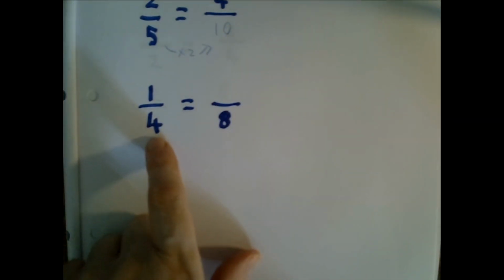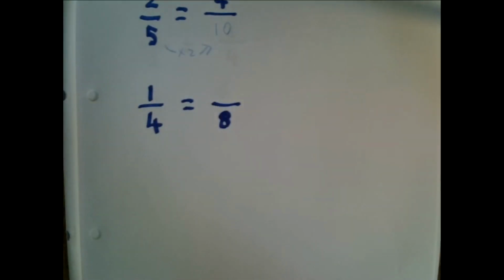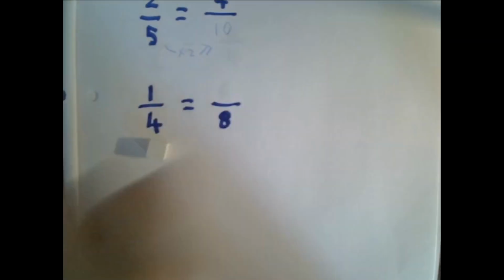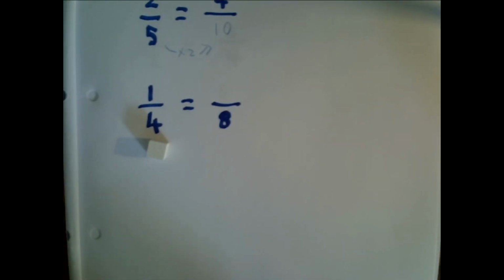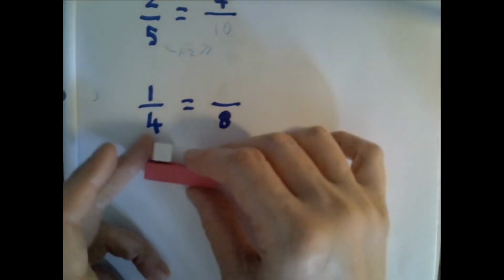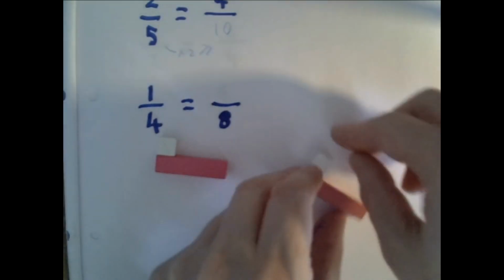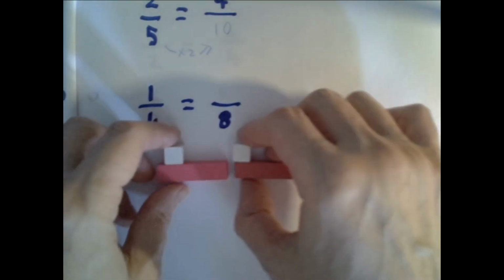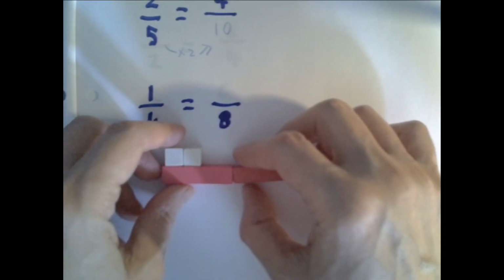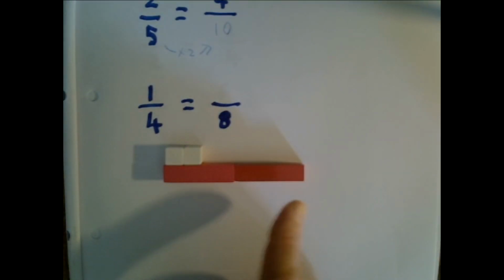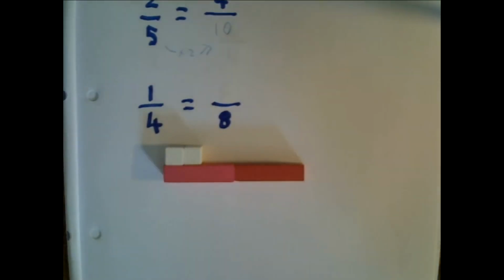You would normally do this thinking multiply by 2, but we're going to do it by making the 1/4, a 1 and a 4, and then making another 1/4 and putting them together to make 2 8s. Just put that in.